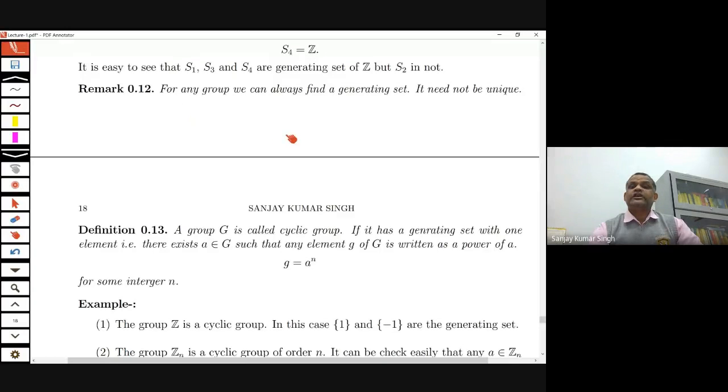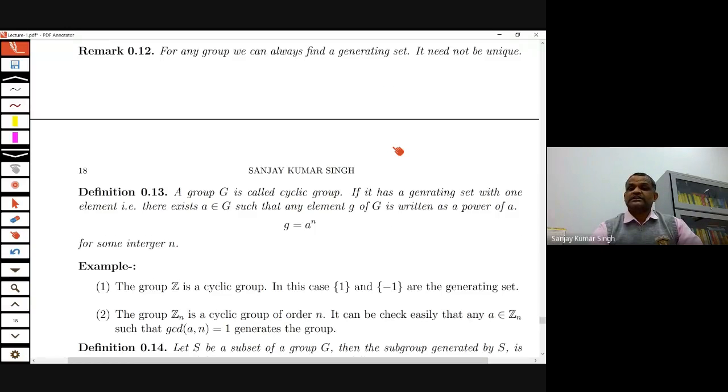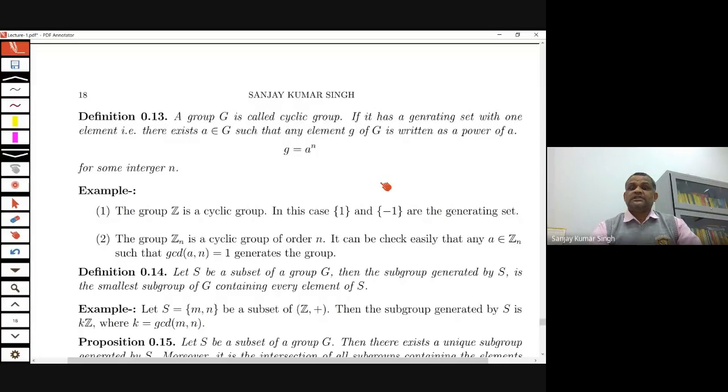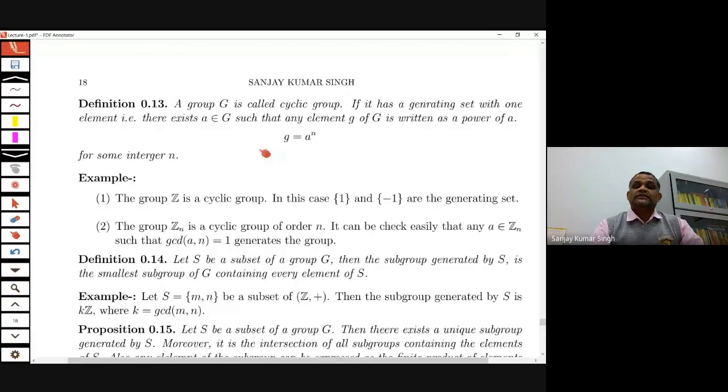Remark: for any group we can always find a generating set. Of course, I can take the whole group as a generating set. So finding a generating set is not a big deal, but finding a generating set with the minimal number of elements is important, and cyclic groups come into this picture. A cyclic group is a group which is generated by just a single element.